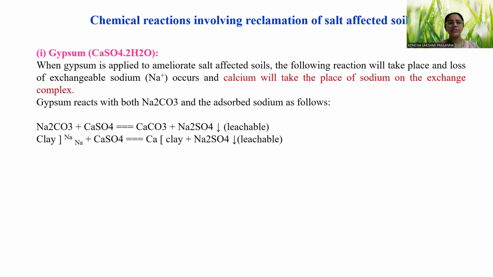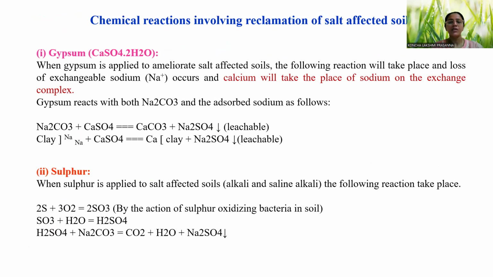Gypsum is generally added to alkali soils to replace the sodium in the exchange complex of clay. When gypsum is treated with sodic soil, calcium replaces the sodium, and the sodium sulfate which is formed gets leached down.